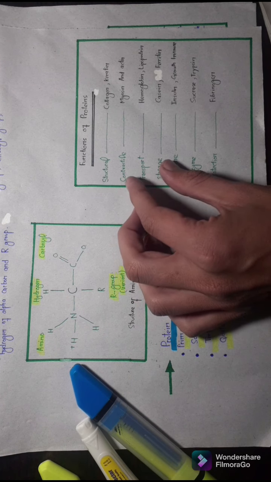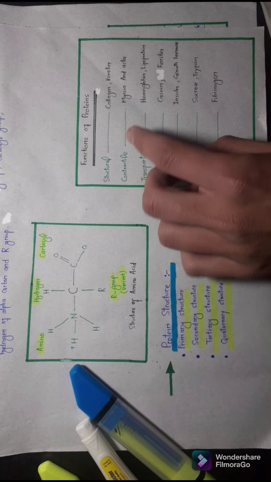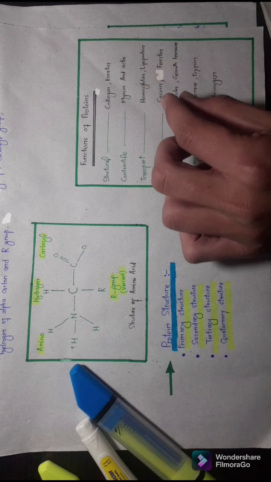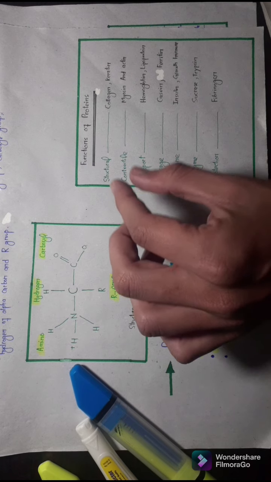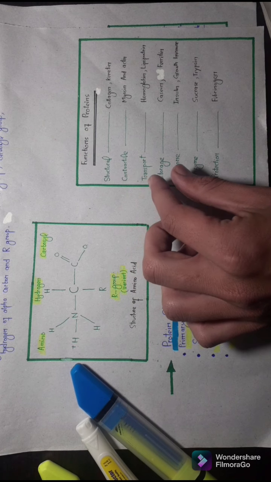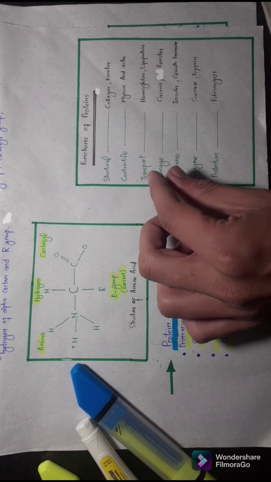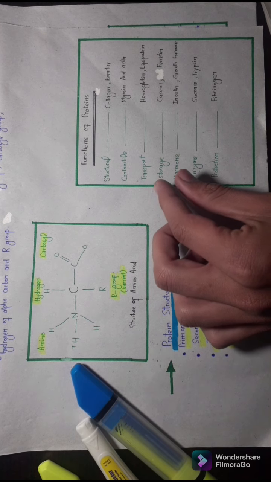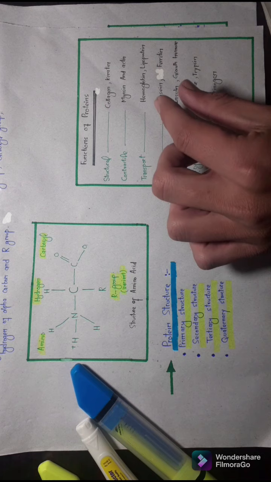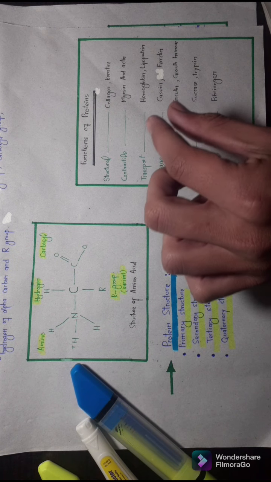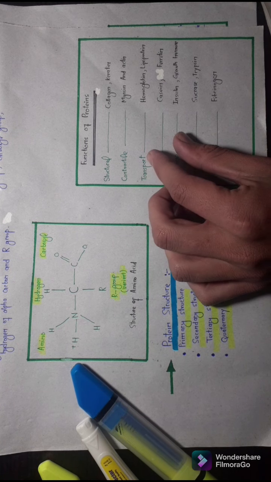The second function is contractile. Myosin and actin are the proteins which help in the movement of muscles. The third one is transport. Proteins with a transport role are hemoglobin and lipoprotein, which carry essential substances throughout the body.